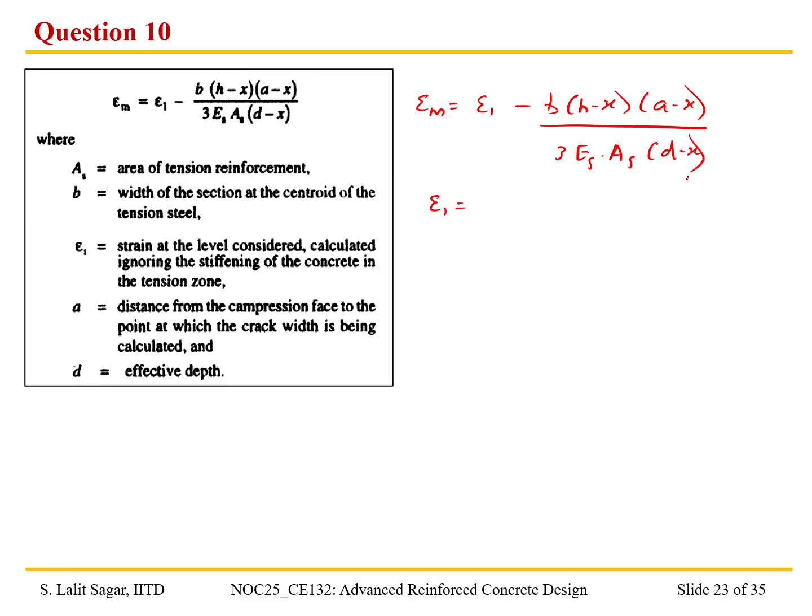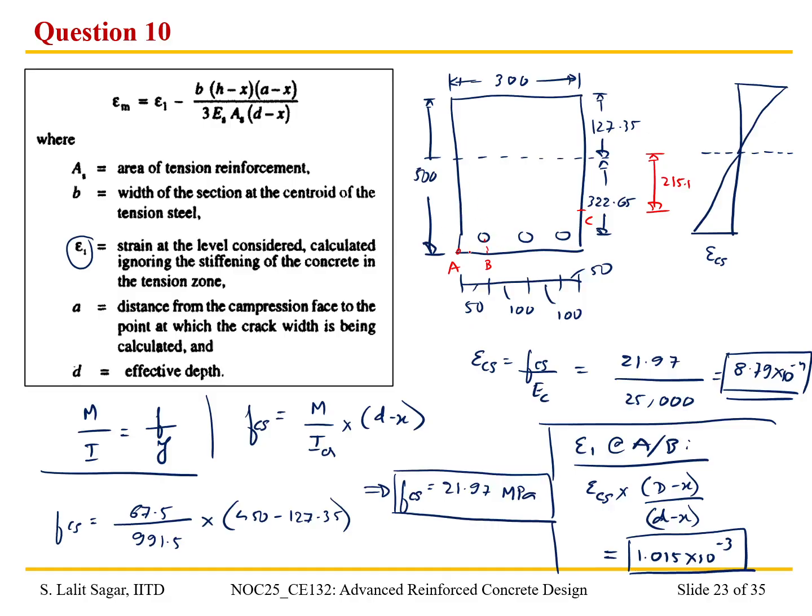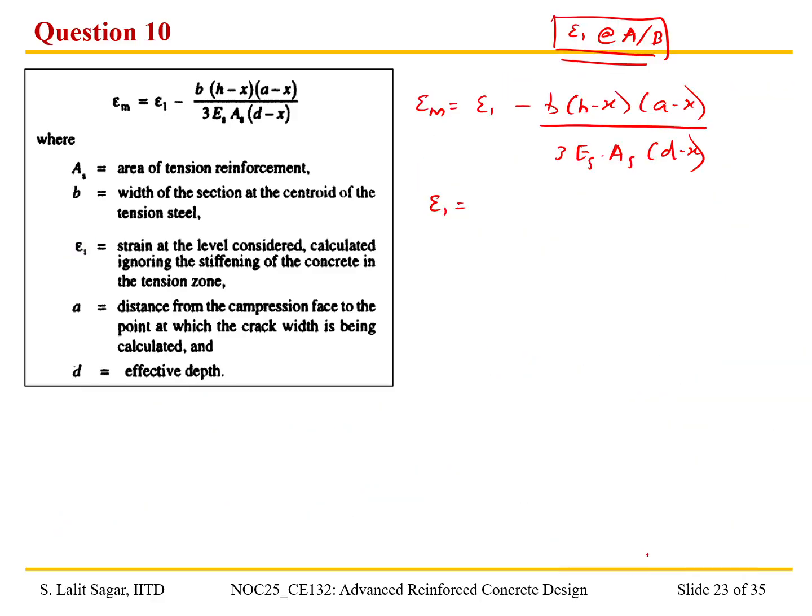We are doing the calculation for epsilon 1 at A or B because both the points A and B are in the same horizontal plane, right? So we have epsilon 1 is 1.015 into 10 to the power minus 3.